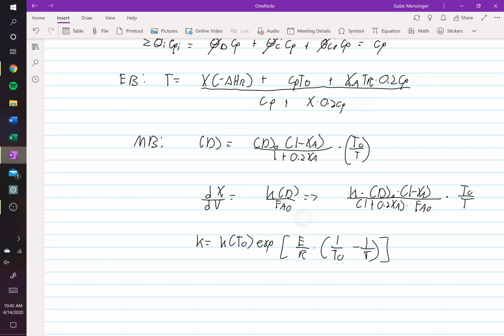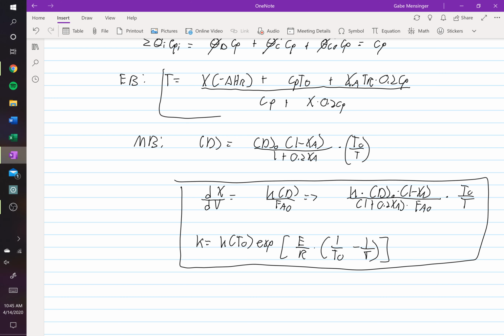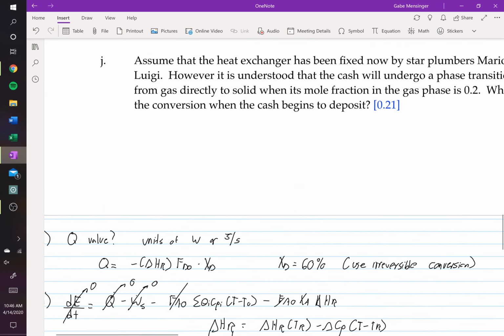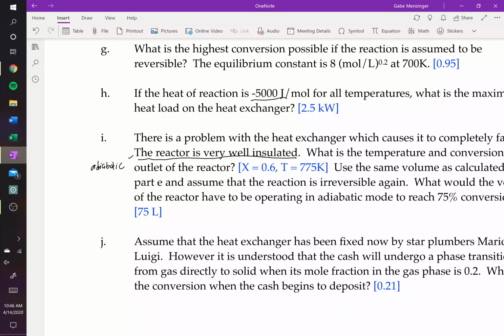So, this right here is the mass balance that you need to solve. This up here is the energy balance that you need to solve. You need to solve both of those simultaneously in order to get your conversion and your temperature. And I'm not going to do this one in Python. I think you guys have done similar to this before, so it won't be hard.